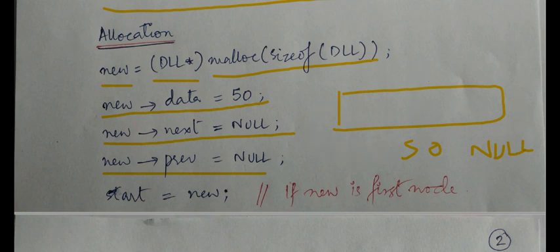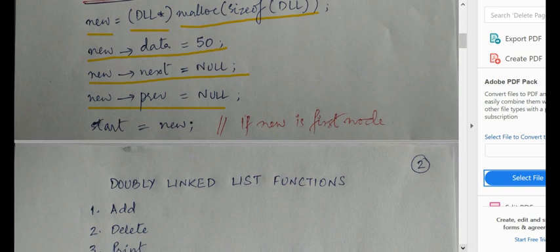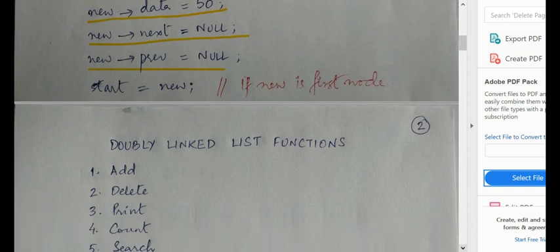Very bad handwriting though. Okay, so once you are done with this, you have actually created the new node. So if new node is the first node that you are creating, you will assign that value to start.